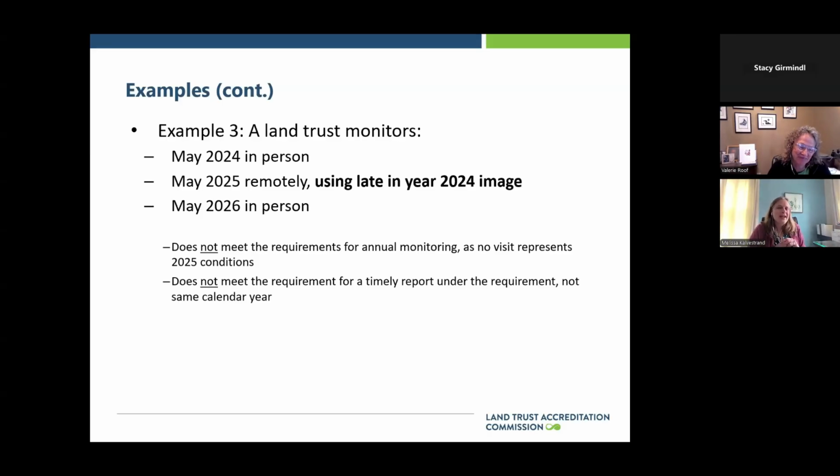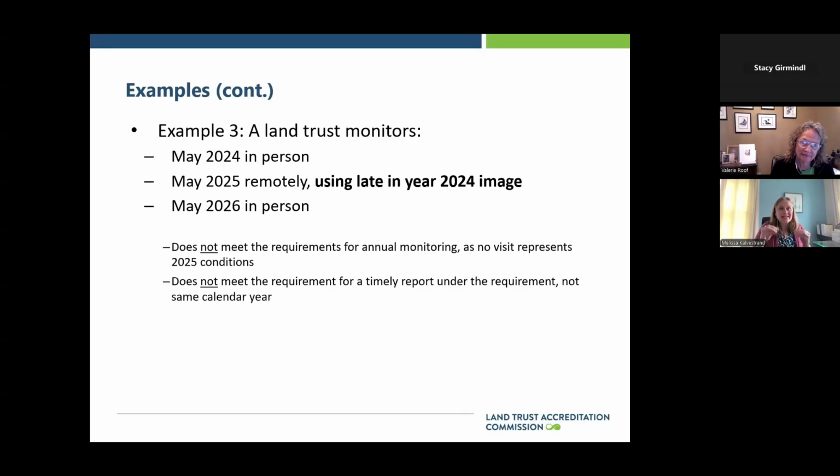So another example: let's say a land trust has a spring monitoring season. They monitor in May of 2024 in person, then they're on an every-other-year schedule. Now they're in May 2025, and they sit down and look at the image, but it happens to be a late 2024 image, because that's what's available. So they say, okay, I'll use my October 2024 image, check, move on. Then you go back out, and it's May 2026, your next visit, the next May.